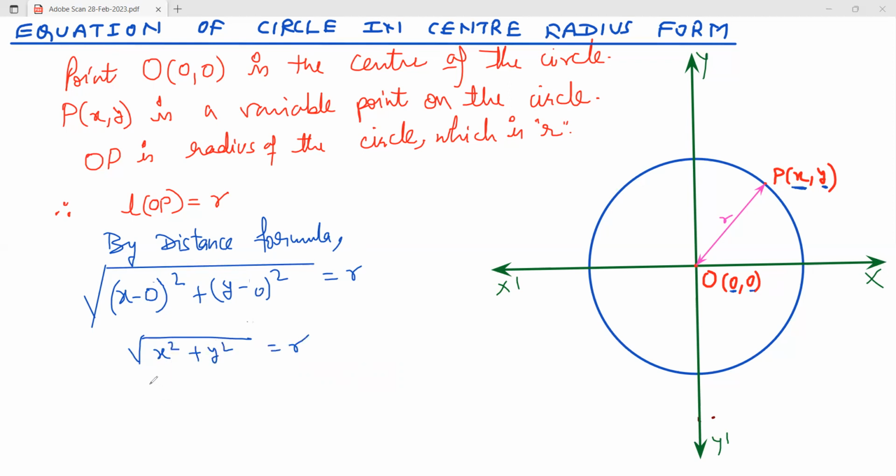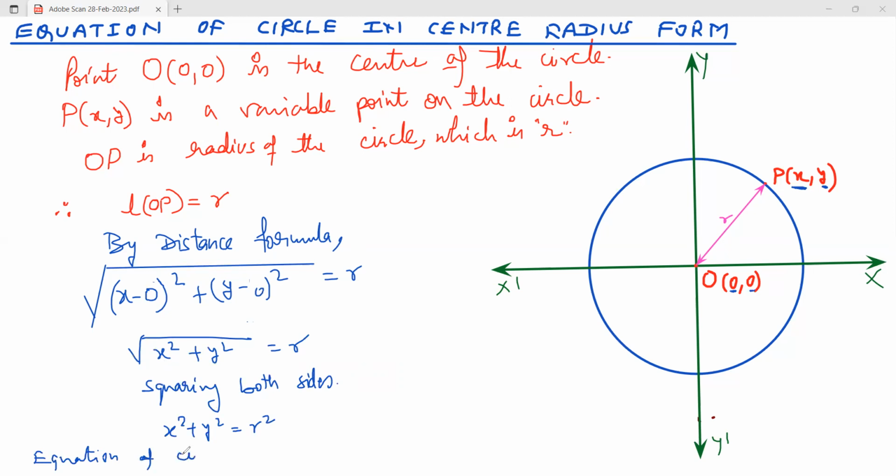Now squaring both sides, I get x square plus y square is equal to r square. And what is this? This is the equation of circle.